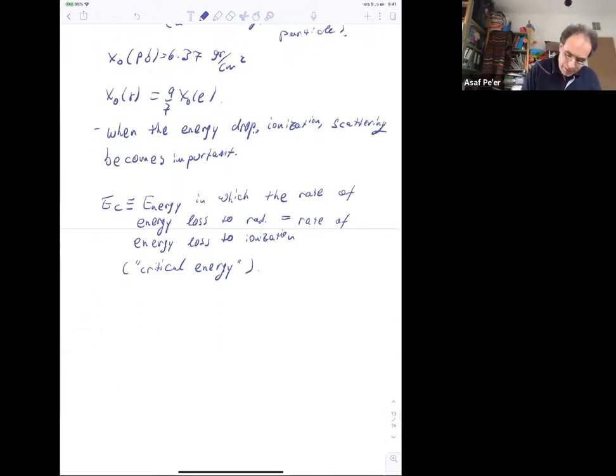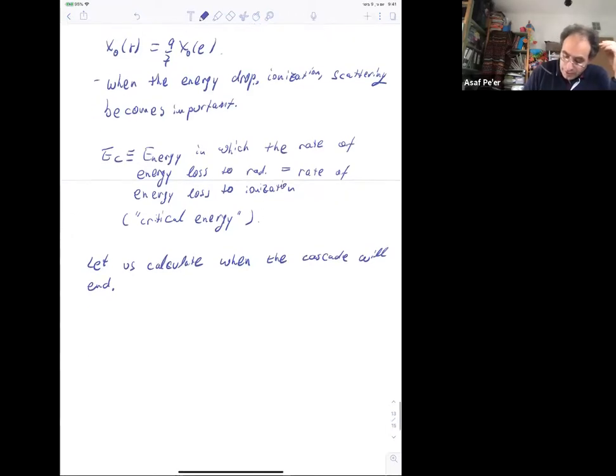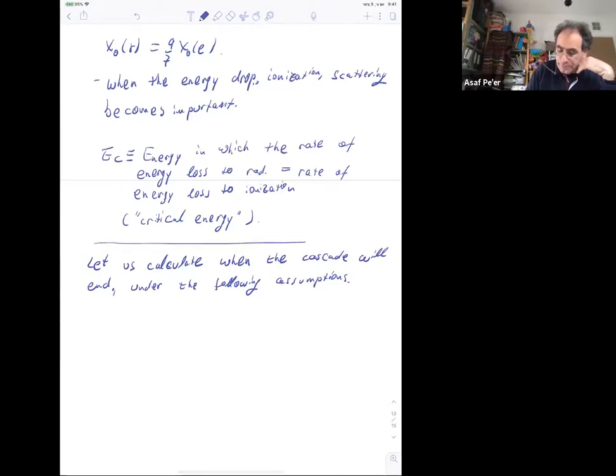So let us calculate when the cascade will end, under the following assumptions. The assumptions we make are the most simplified ones.